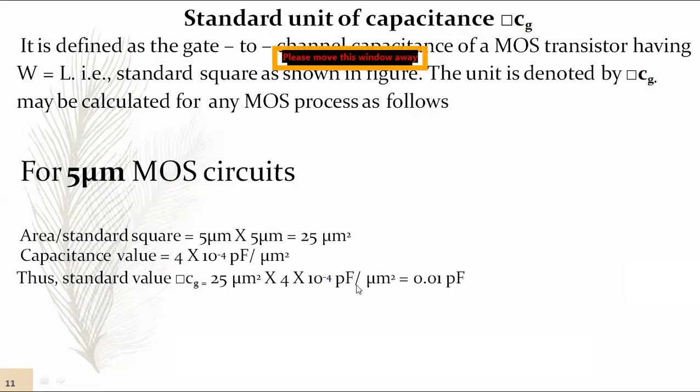The micrometer square gets cancelled. 25 into 4 is 100 into 10 to the power of minus 4, which is equal to 0.01 picofarads. The capacitance value is 0.01 picofarads for a 5 micrometer MOS circuit.